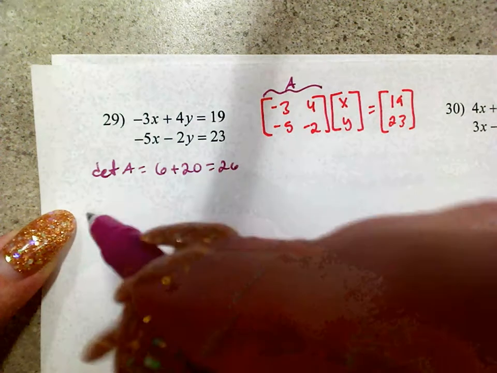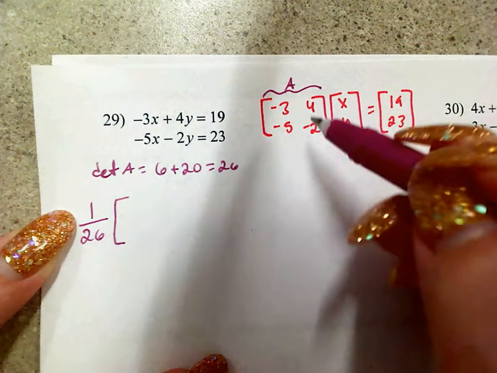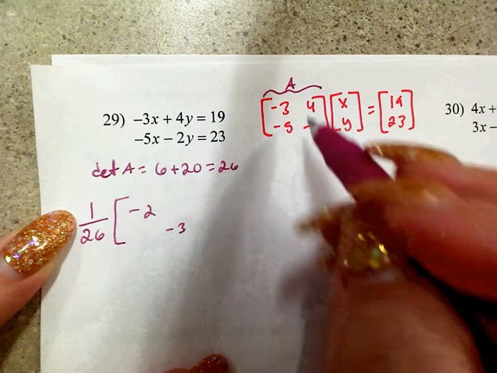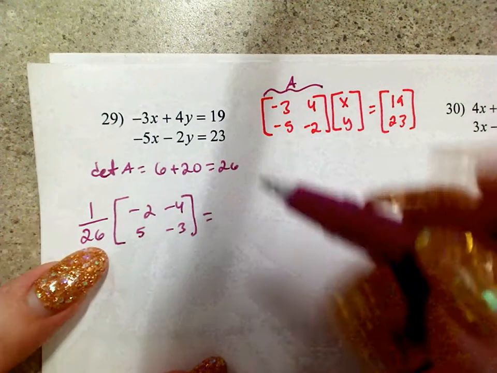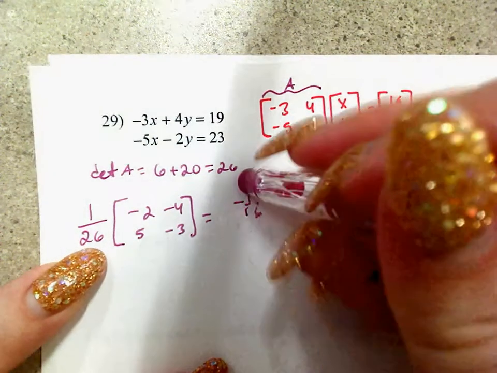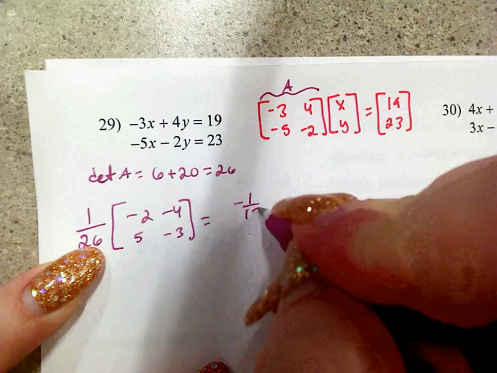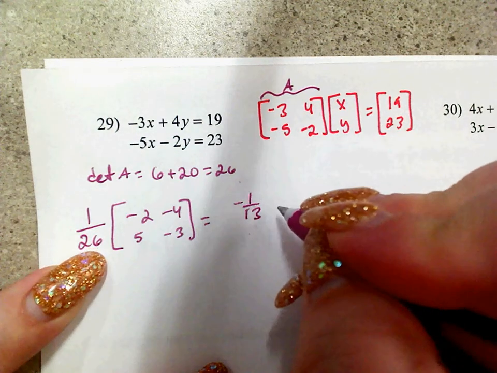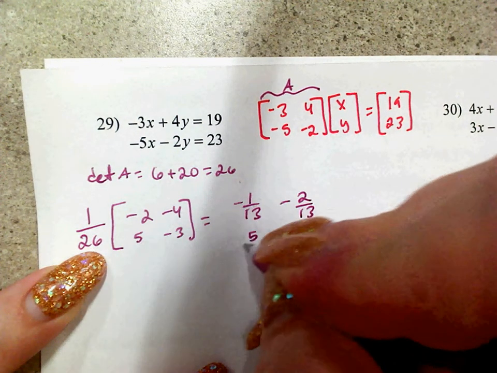So 1 over 26 times the adjugate: we swap negative 2 and negative 3, and then change the sign. And then distribute. So I've got negative 1/13, negative 2/13, 5/26, and negative 3/26.